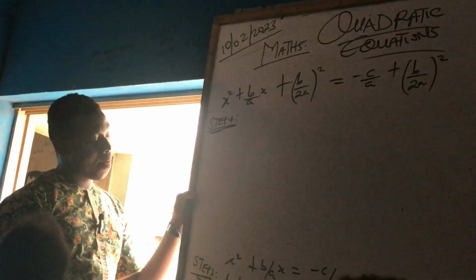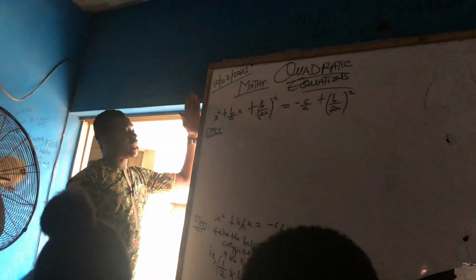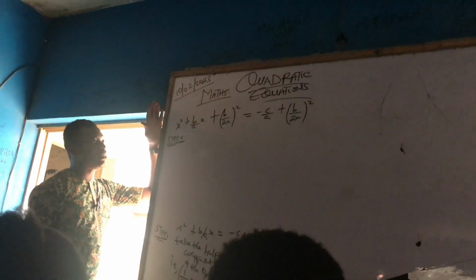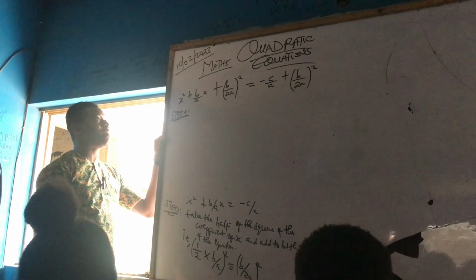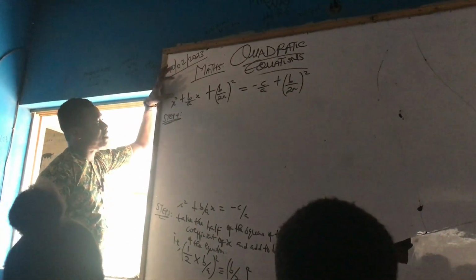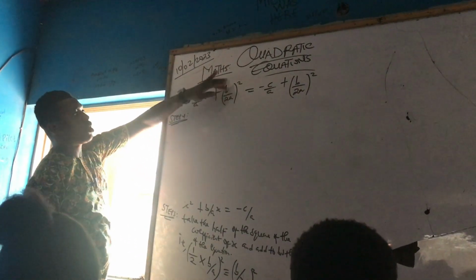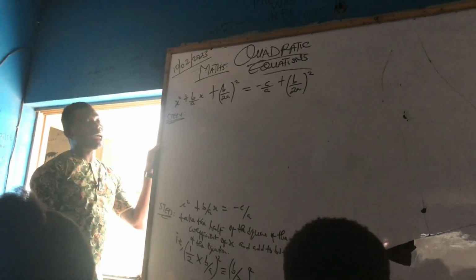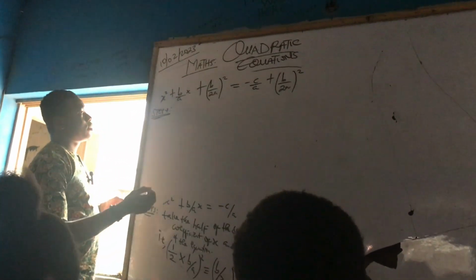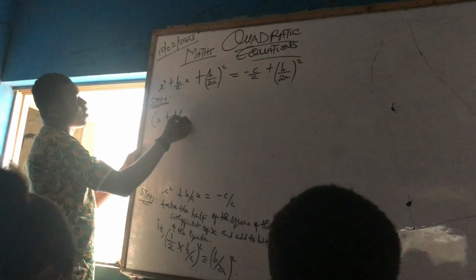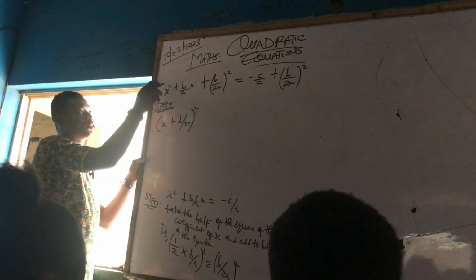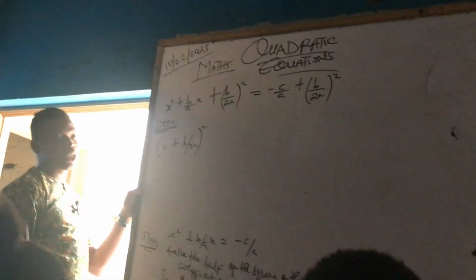Step 4. We check what is at the left hand side and what is at the right hand side. Please, let's watch the left hand side. I have x squared and I have b/2a squared. We combine the common squares. Common squares will be x plus b/2a all squared.